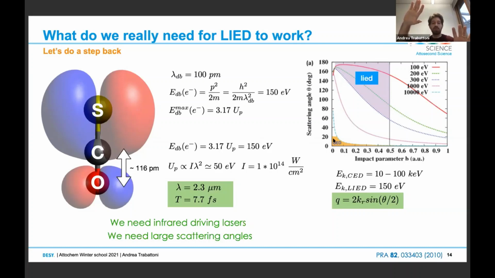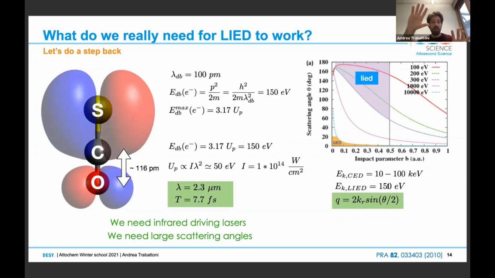This is due to the fact that, as I told you at the beginning, with conventional electron diffraction the kinetic energy is in the 100 keV range or even in the MeV. While for LED, we saw here that the typical kinetic energy is several orders of magnitude lower, so hundreds of electron volts.